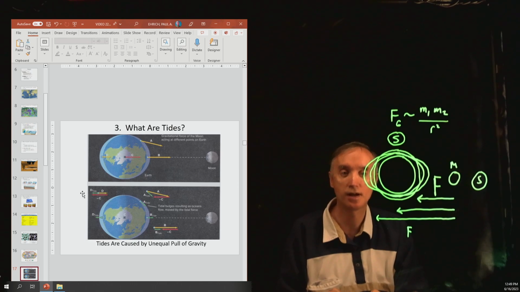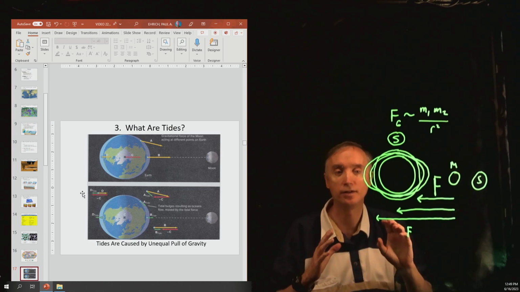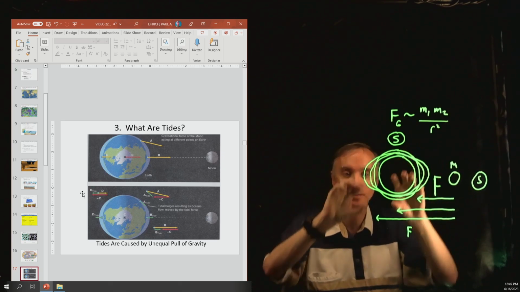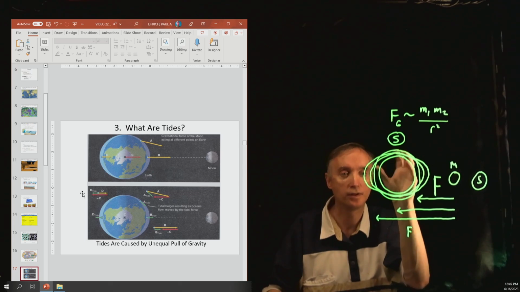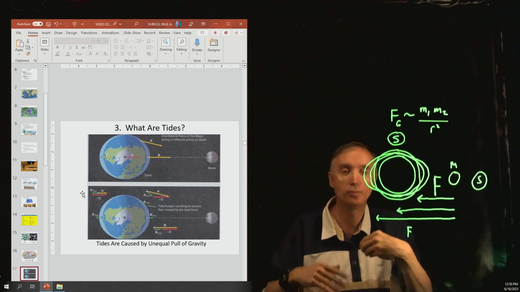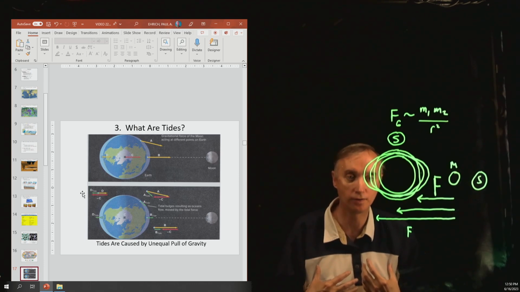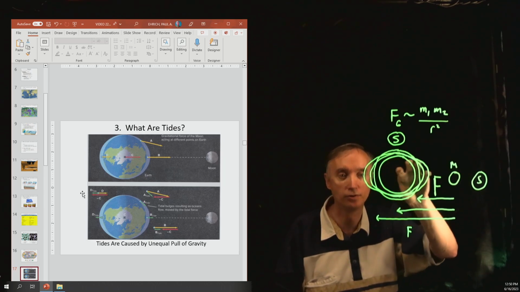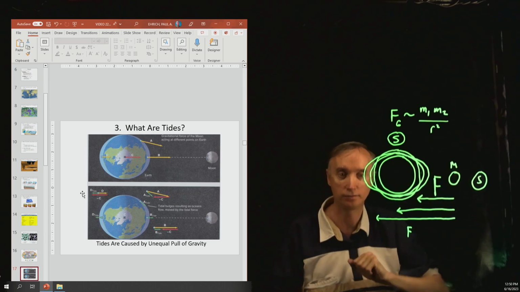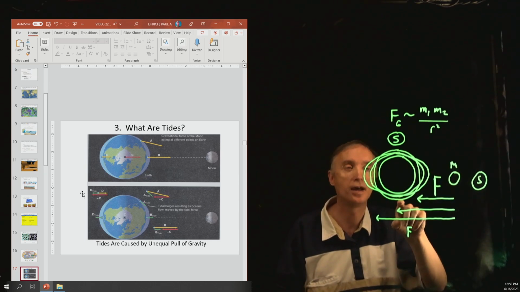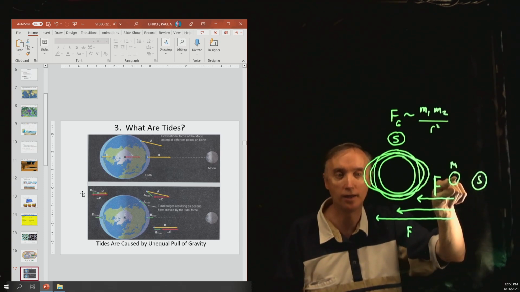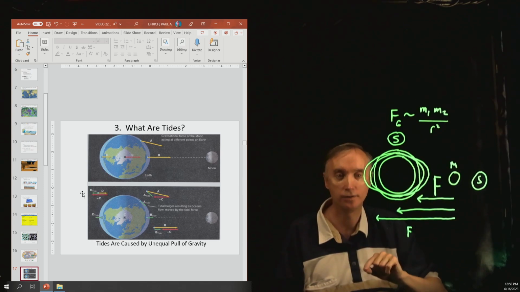Those are the tides. Now in addition to this, these bulges don't stay put because the Earth is rotating out from underneath the bulges. So from the point of view of us living on the Earth, it makes it look like the bulges move around the Earth as the Earth is rotating. That would mean that at high noon, when the moon is directly over your head, that's when you're going to have a high tide.